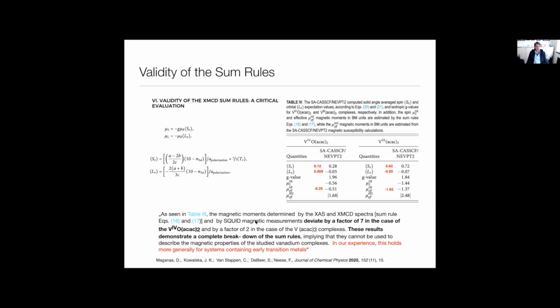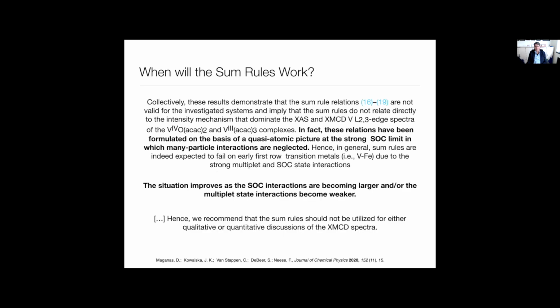So we concluded in the paper that if you compare the magnetic moments determined from XAS and XMCD with SQUID, there are deviations by more than a factor of 7 in the case of VO(acac)2 and more than a factor of 2 in the V(acac)3 complex, and that means that the sum rules just break down. They shouldn't be used to describe the magnetic properties of vanadium complexes. And in our experience, that is actually a more general conclusion.